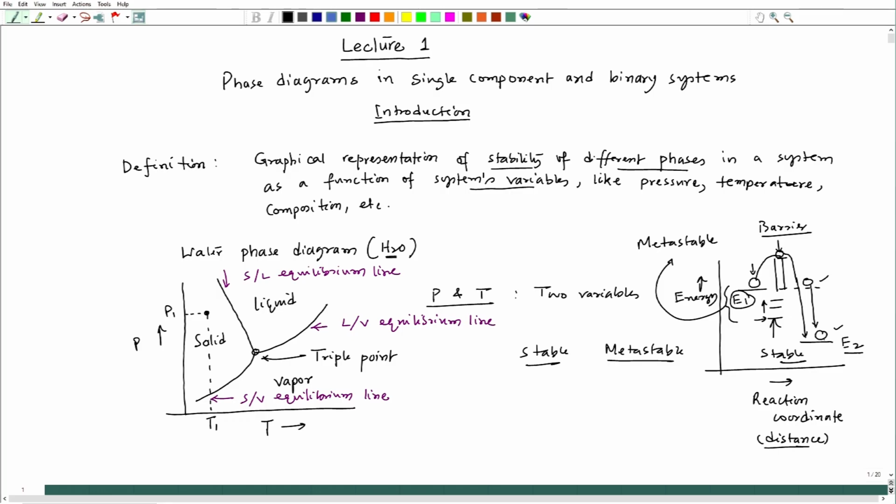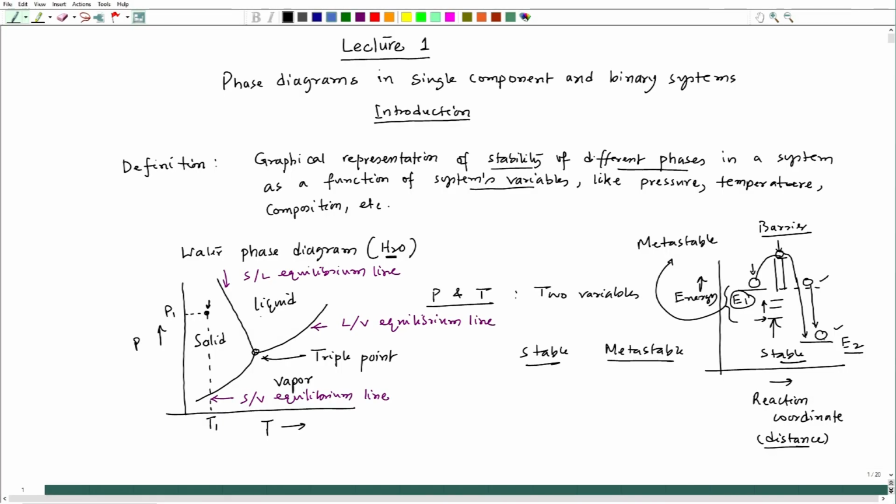A similar situation happens at this particular point. All the other phases, like liquid and vapor, could also have their existence, but their existence is far above the solid existence as per that P1 and T1. In that case we will say that solid water would have the most stable condition in that particular zone, the solid zone.